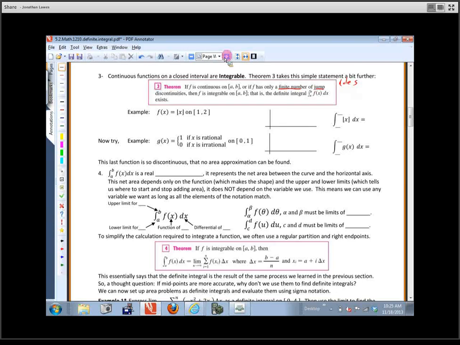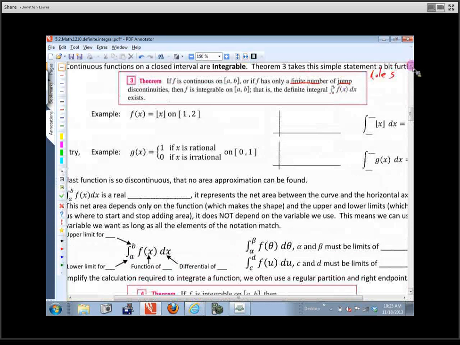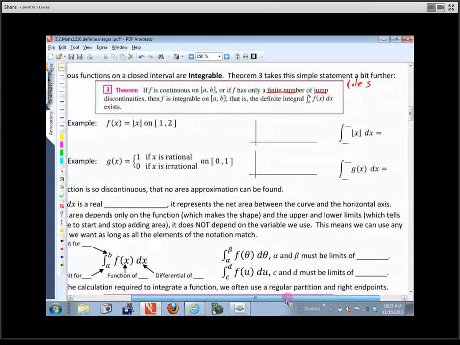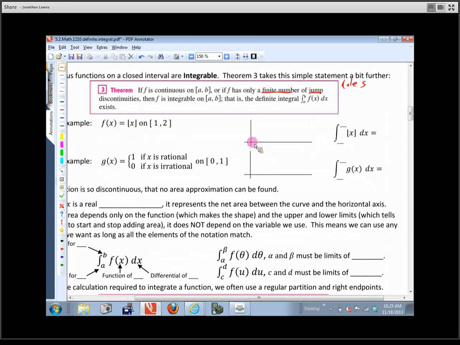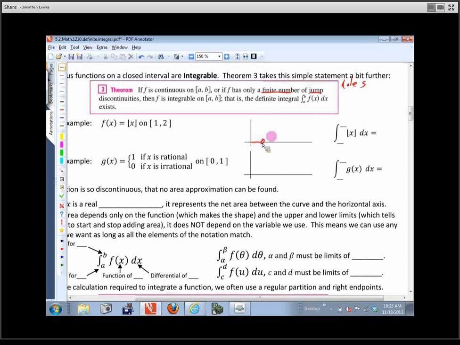So I'm going to take this example right here, and this is something that you've seen before but maybe haven't done a whole lot of. Okay? This is the floor function, or sometimes it's called the greatest integer function. It looks like this. Run along 0, open circle, hop up here to 1. Run along here. By the time you get to 2, open circle, hop up right here, and then go like this.